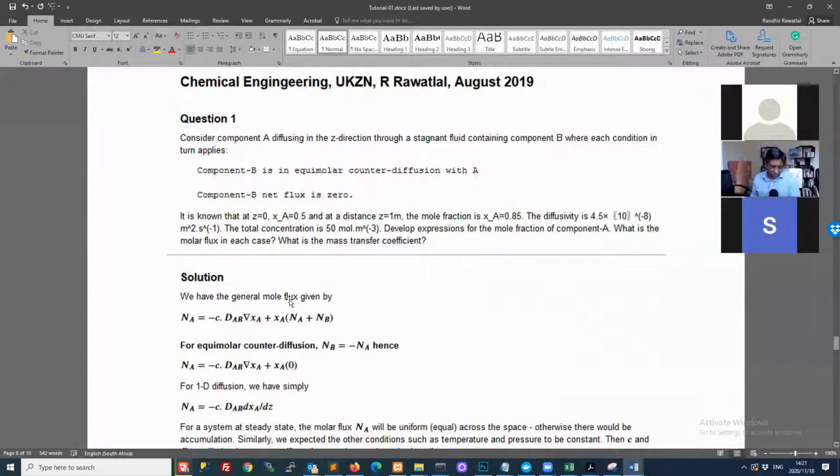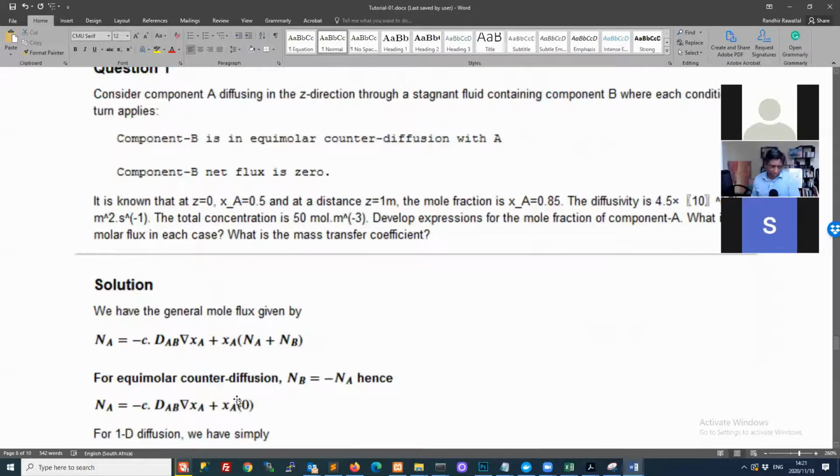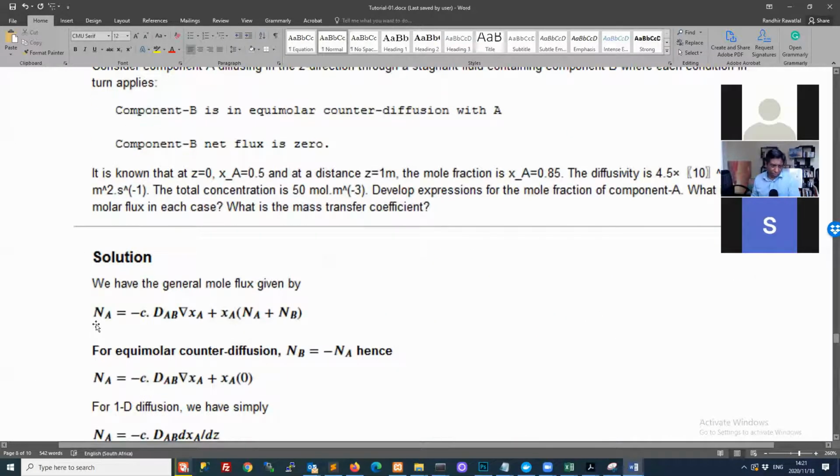If you follow that earlier video, we found that the molar flux of a component will equal its diffusion flux plus its convection flux, where we estimate the convection flux as the mole fraction of that component multiplied with the total molar flux of all the components in the system.